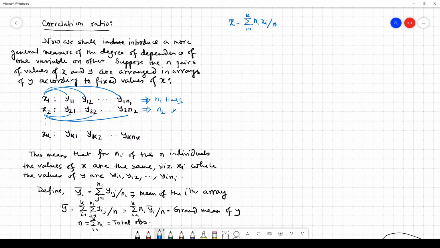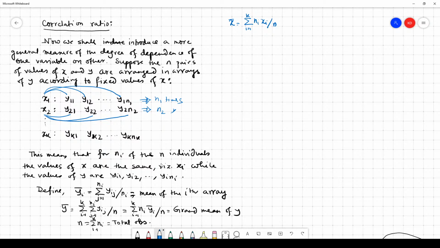Please think carefully. This x bar is not the sum over i from 1 to k of xi by k. It should be the sum over i from 1 to k of ni xi by n, because x1 pairs with y11, y12, up to y1n1, similarly x2, similarly x3.